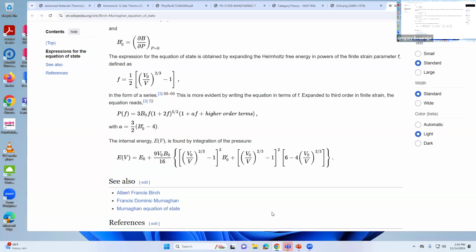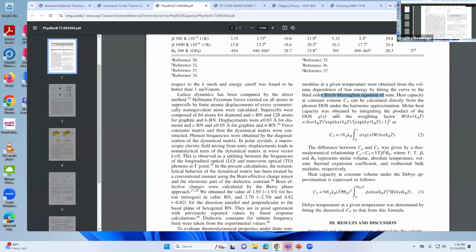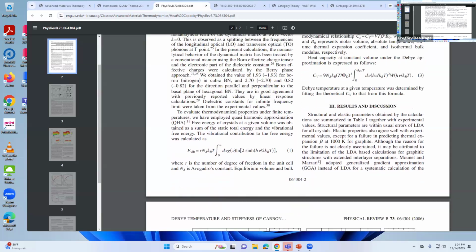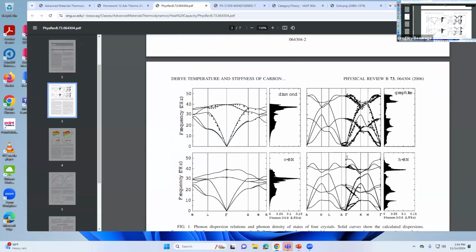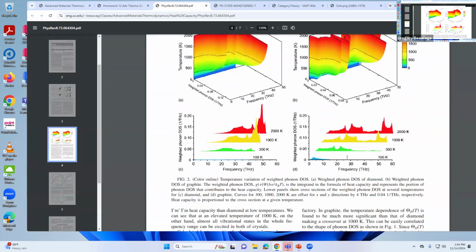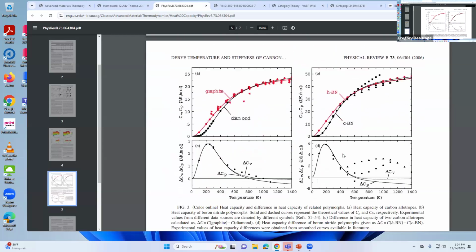In this case, you have to calculate the modulus, so that's not going to help you, right? The homework asks you to take the Debye temperature and calculate the modulus from it.